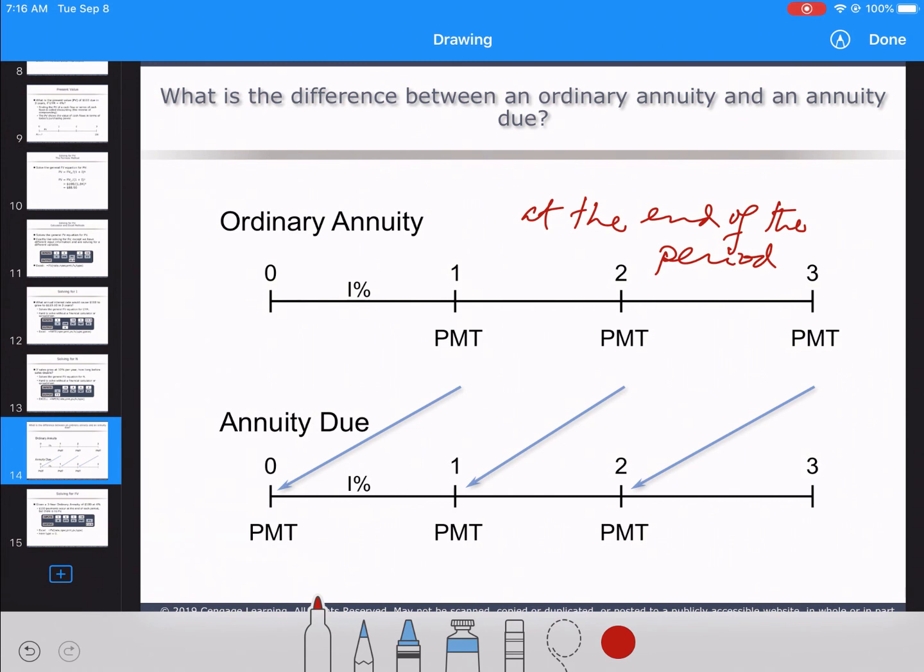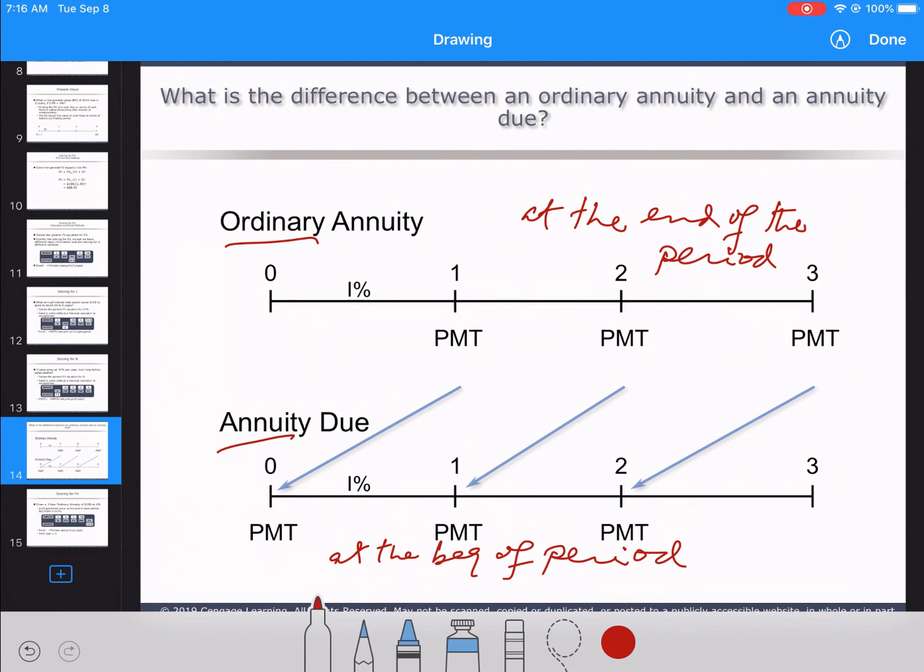The other one is at the beginning of the period. Ordinary annuity is this one, and this is annuity due.